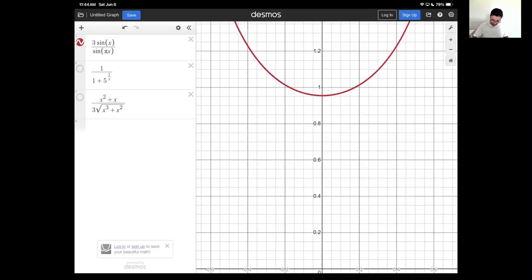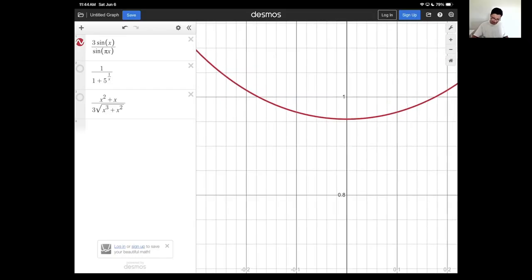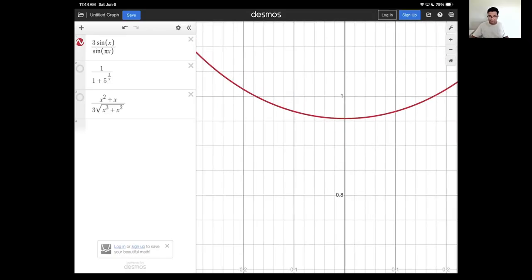Then you can see here, I can zoom in, and you can see as x is close to 0, the value is close to 1, okay, 0.8, 0.9, and even more than 0.9, 0.95. Actually, in fact, that would be 0.95.